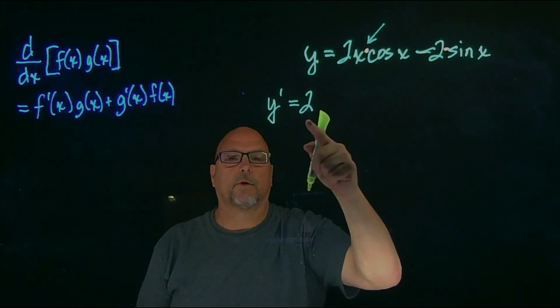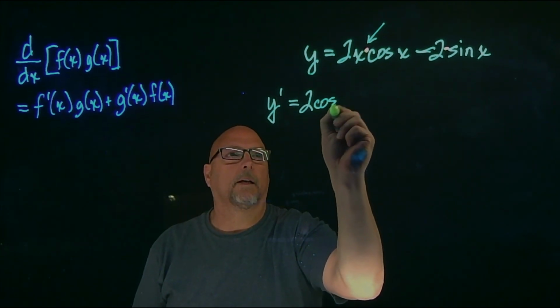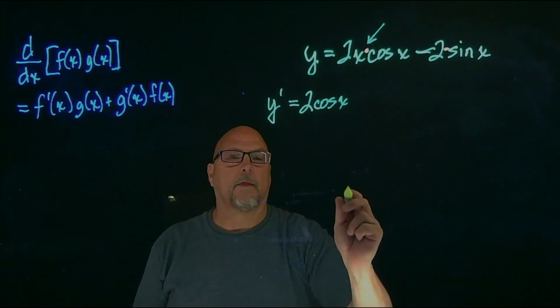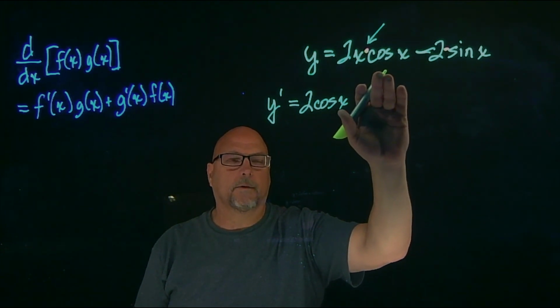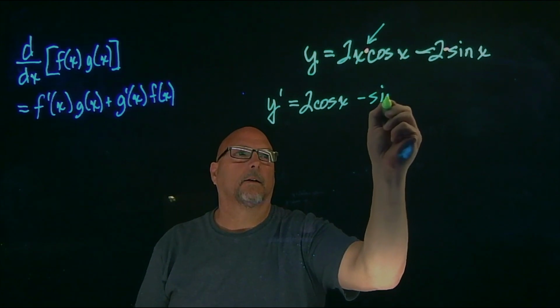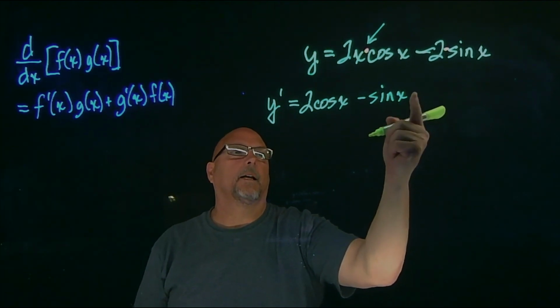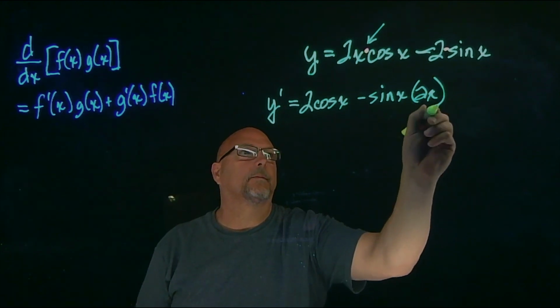The derivative of 2x is 2 times the second, which is cosine of x. Then I'd have to take the derivative of the second. So the derivative of cosine is actually negative sine. And then I'm going to multiply by the first, which is a 2x.